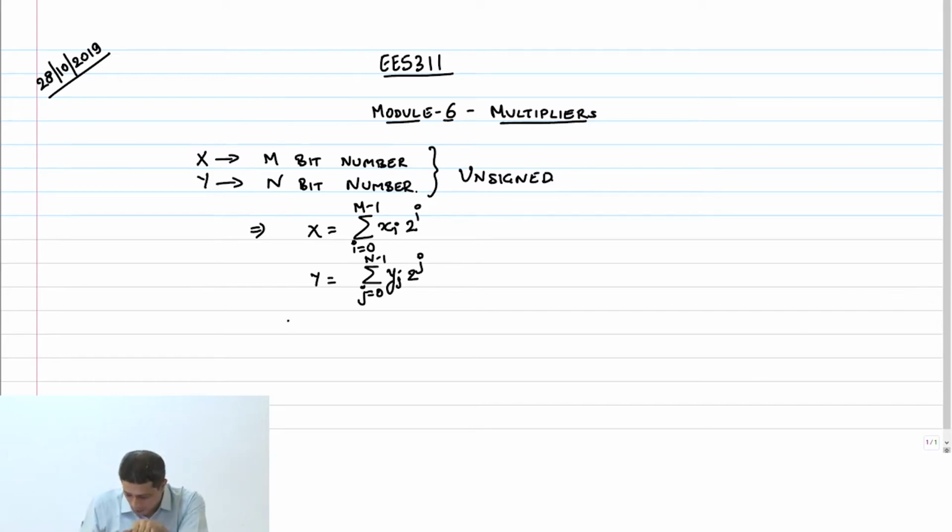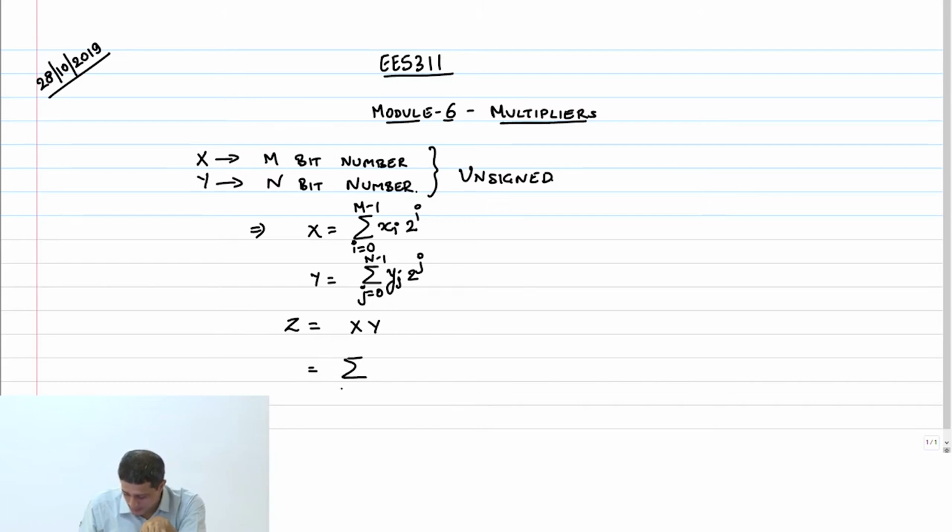I am now going to create a product of these two numbers, and this will be z equals x times y. If x is m bits and y is n bits, how many bits will z be? We'll look at that.